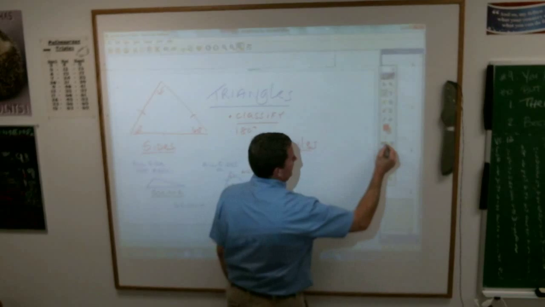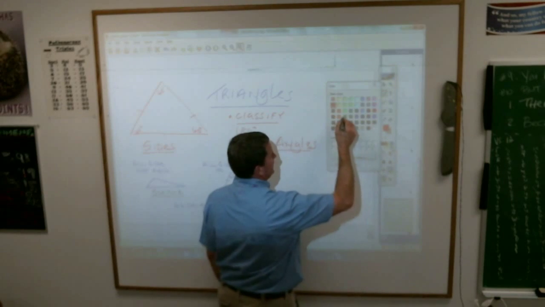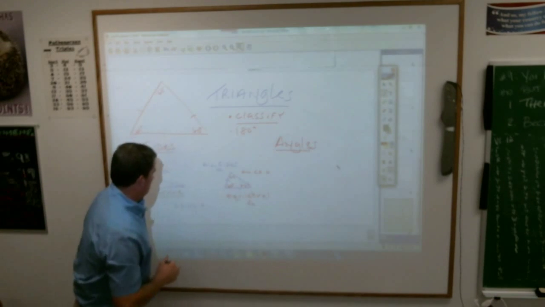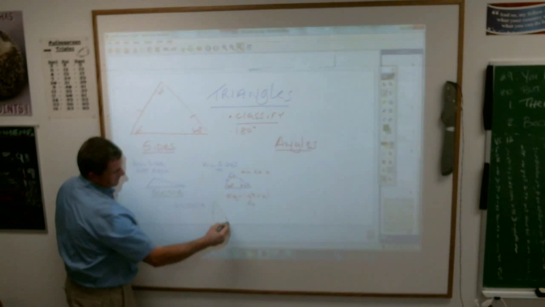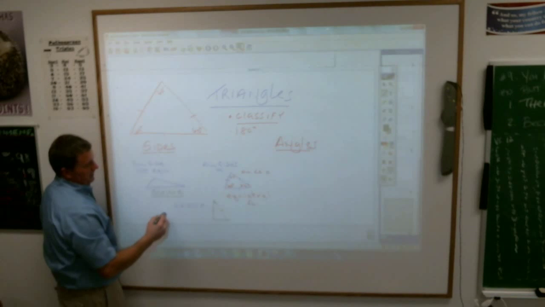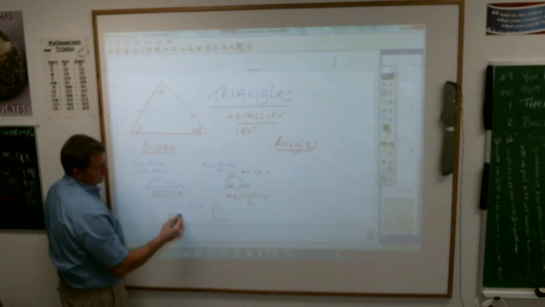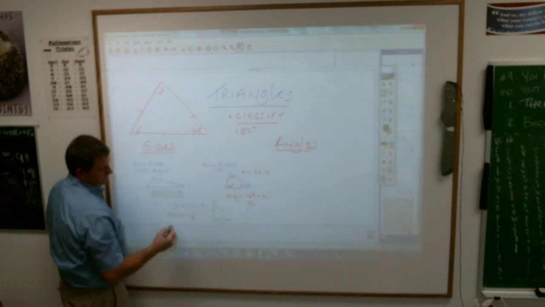Okay. And then the last one we have yet to speak of is this one here that has two sides equal, and that looks like this. And you'd have your little slash marks there. That is an isosceles triangle.